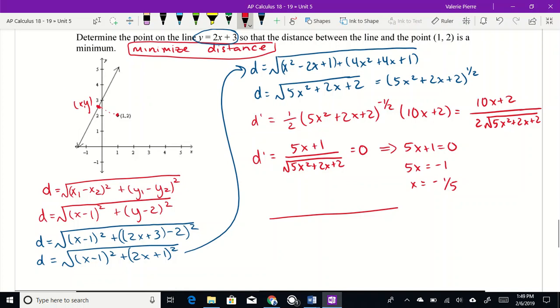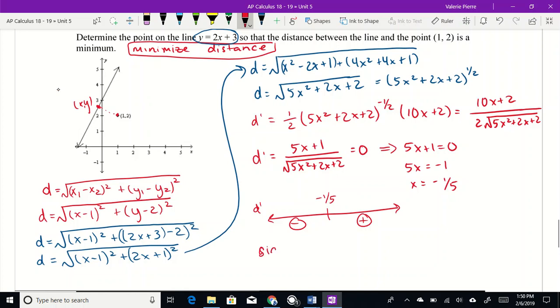So since this graph goes both positive and negative, our sign analysis only has one critical number, and that's at negative 1/5. So any number less than that, when we plug in, actually gives us a negative value, and any number greater than that gives us a positive value. If you don't believe me, you can check.